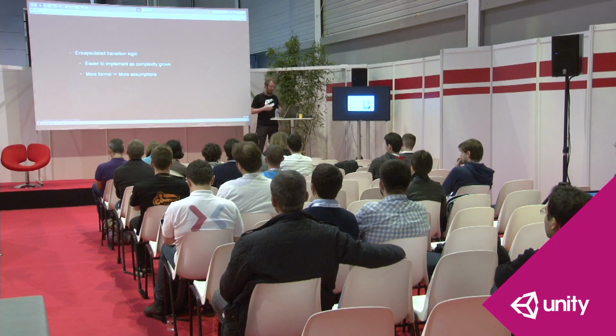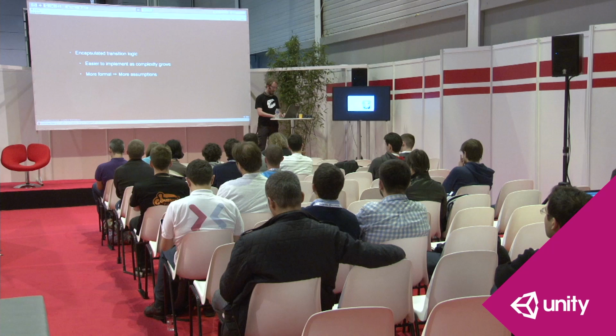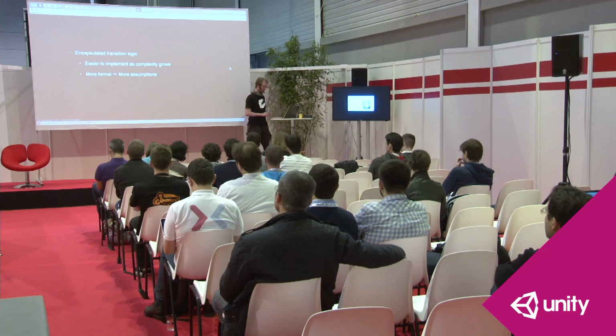So the more complex you get, the easier it is, and it's a more formal format. If you later add changes to how transitions are handled, or you want to do something specific for all these types of transitions, you can make more assumptions about how the rest of the system works. It's a popular thing to say that assumptions are bad, but in some cases they're good.